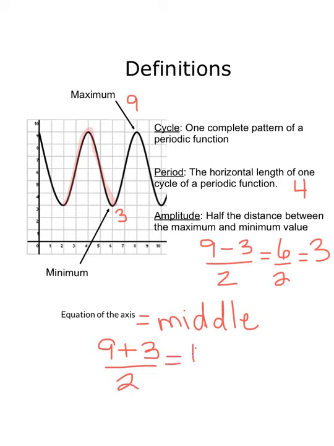So this is 12 divided by 2. The middle is 6. That means the equation of the axis is y equals 6. And that would be right here, if I was to draw a little dotted line through the middle, that would be my axis.